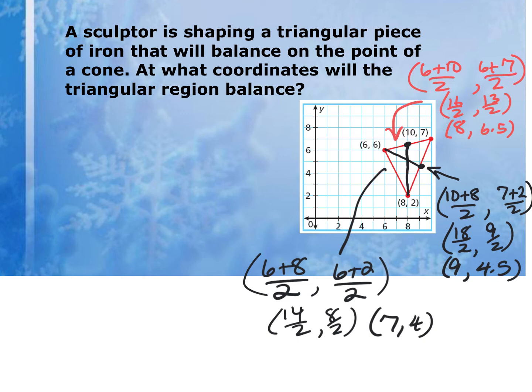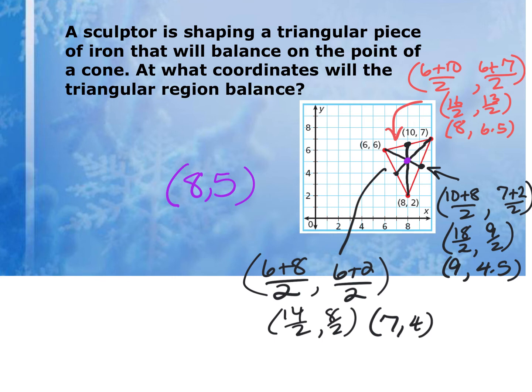So graph that one, draw in that median, and you can see your point of concurrency is this ordered pair where they all 3 cross, and this is going to be the ordered pair 8, 5. Now, when you're doing this, you need to be nice and neat and graph them carefully.